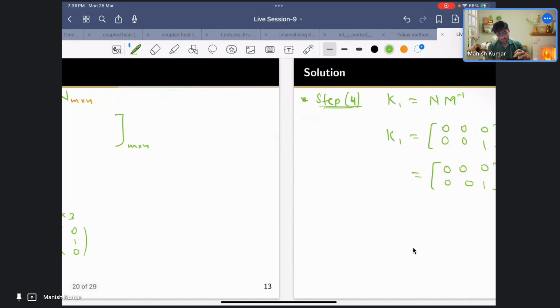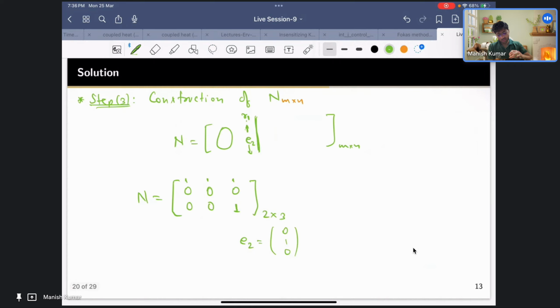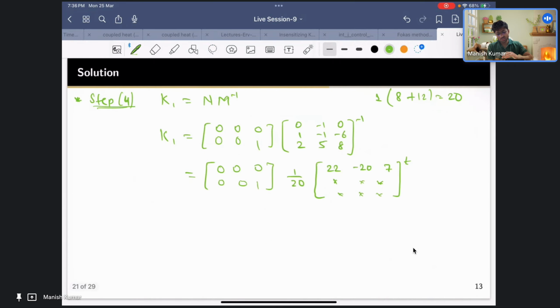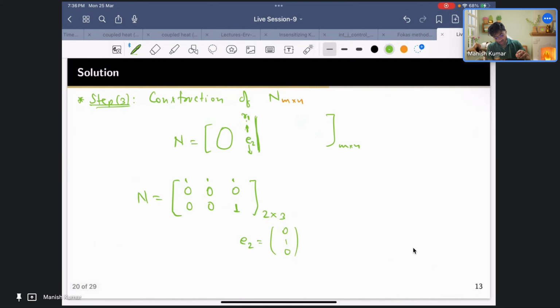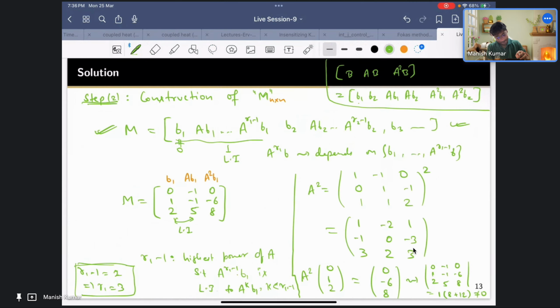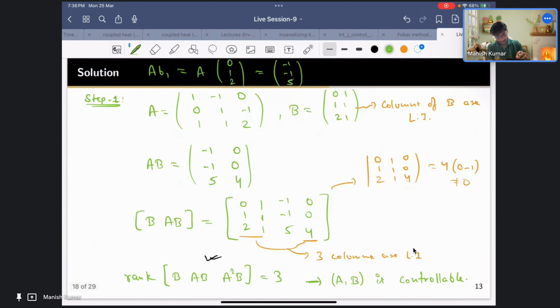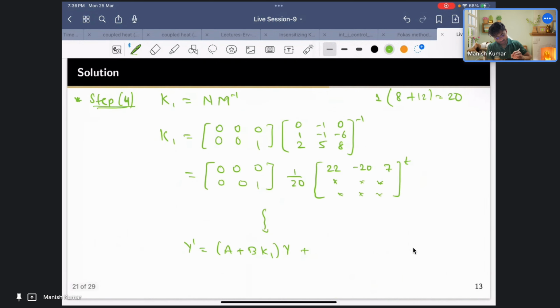The main thing is to find this M and N. So now you get this K1, so from here you got this kind of system, BK1Y plus B1 times U2, where B1 is 0, 1, 2.